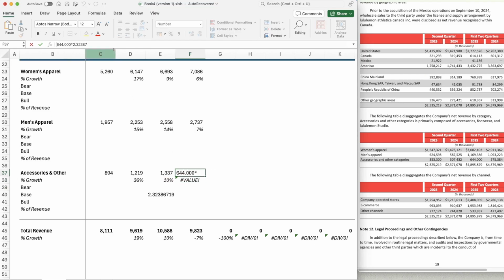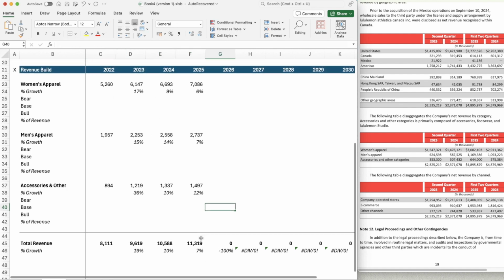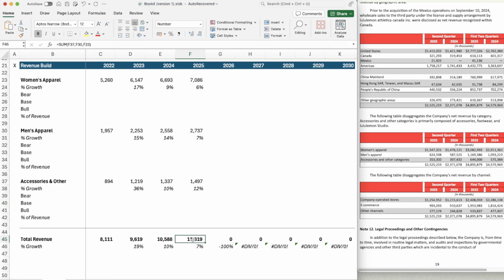My bad. So 12%. Okay. It's not bad. I mean, so for 2025, we'll probably forecast that it will do 11.3 billion in revenue.